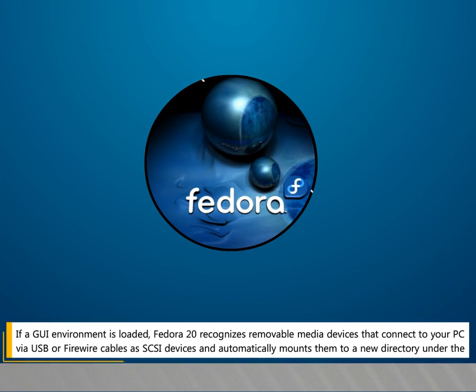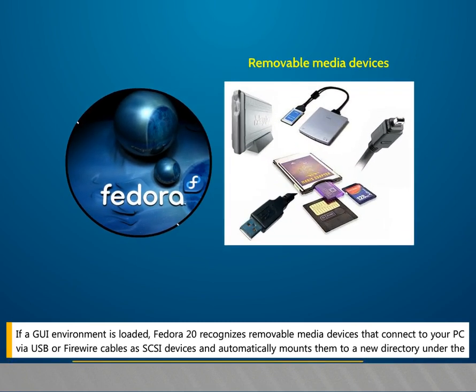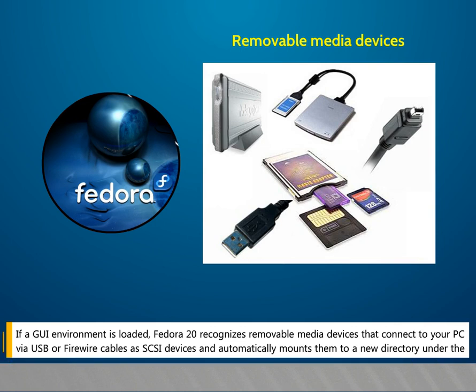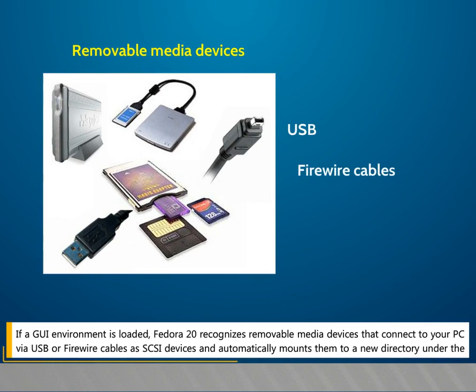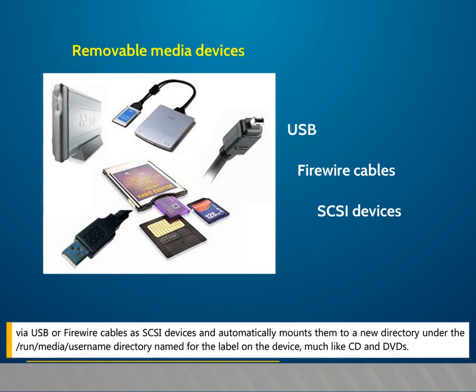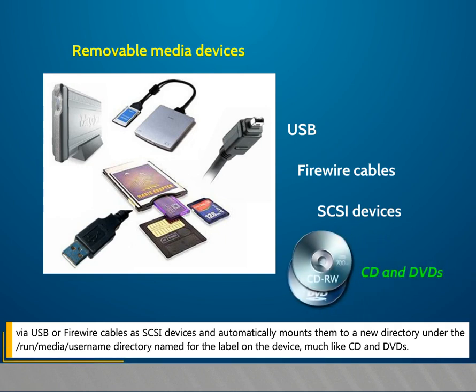If a GUI environment is loaded, Fedora 20 recognizes removable media devices that connect to your PC via USB or FireWire cables as SCSI devices and automatically mounts them to a new directory under the /run/media/username directory named for the label on the device, much like CDs and DVDs.